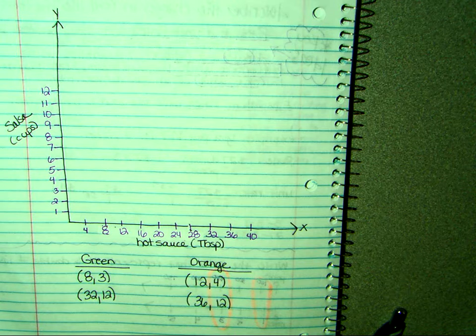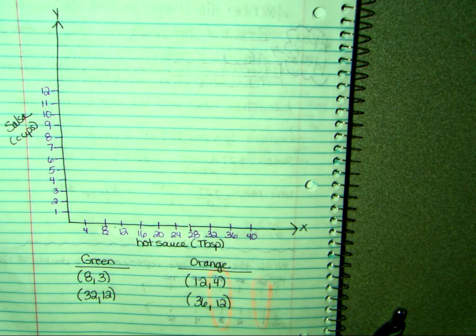All right, so now we're going to do our green bowl. On the green bowl, our first value is 8, 3. That's our first ordered pair, right, guys?